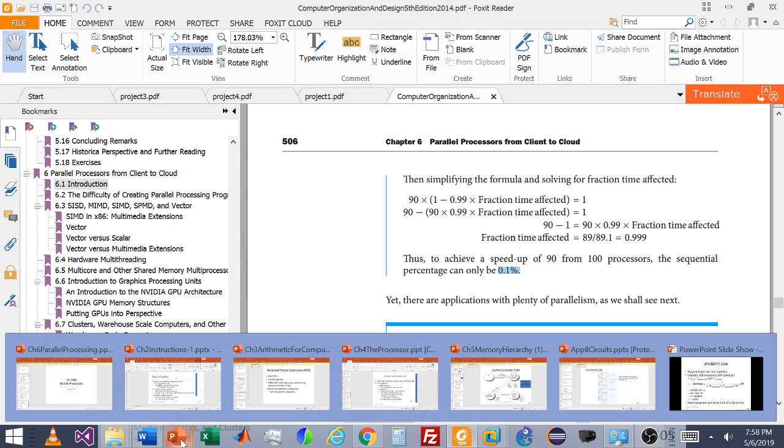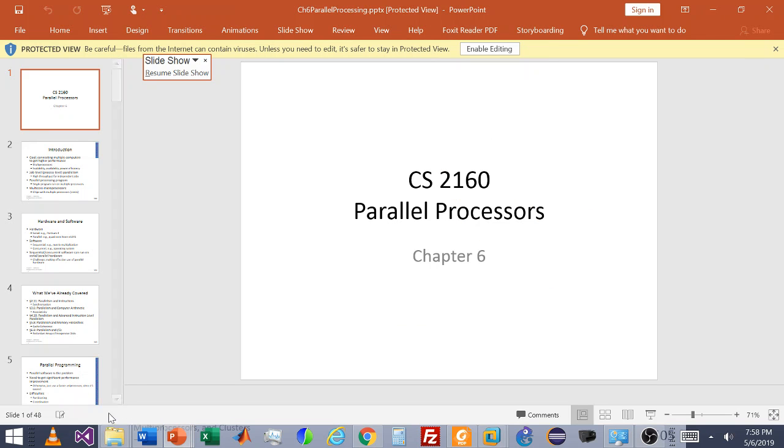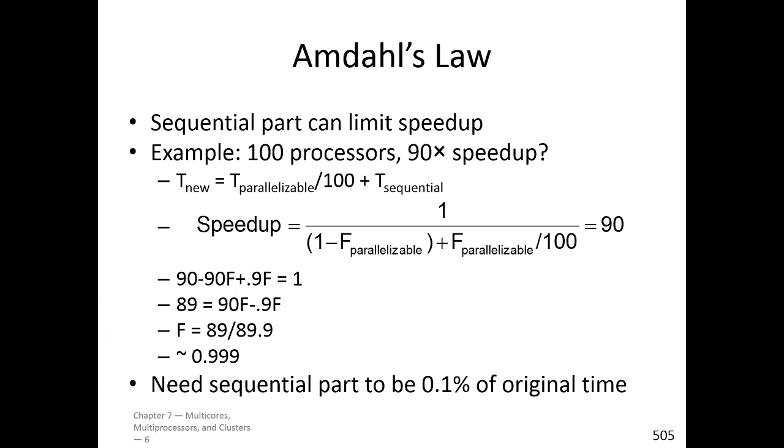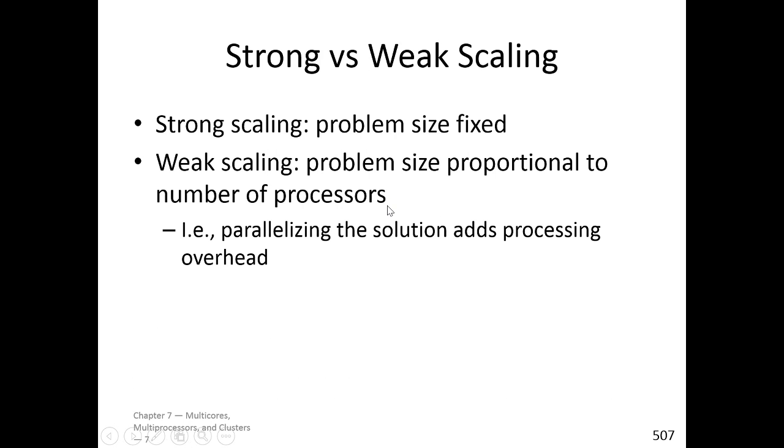This is an interesting challenge because often people have the mindset of, oh, we'll do parallel processing and that'll solve all the problems. That's just not the case. There's something called strong versus weak scaling. Strong scaling is where a problem size is very attuned to scaling.